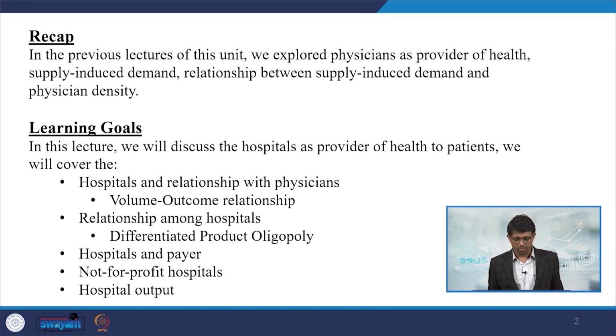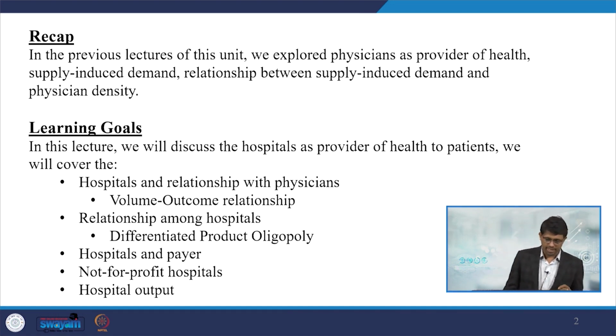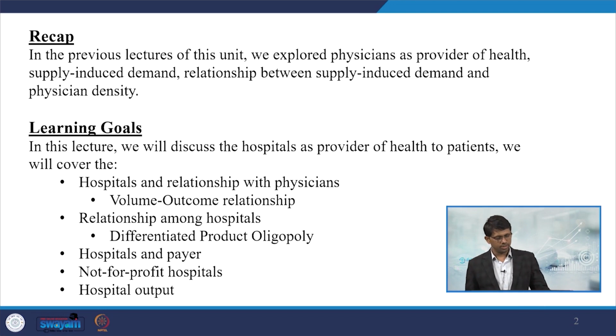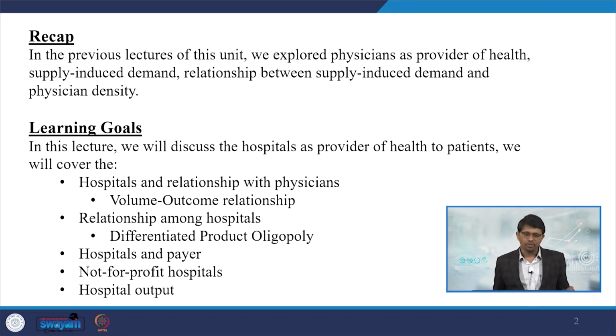We also discussed their relationship with physician density, that is supply induced demand with physician density, etc. In this lecture we will be emphasizing another direction of supply side factor, that is hospitals and their relationship with physicians.